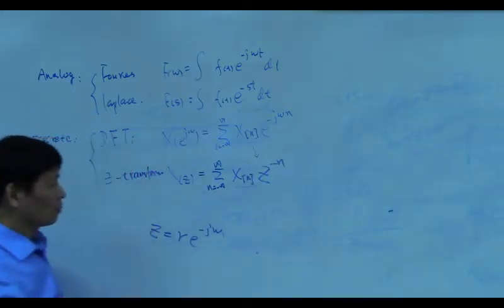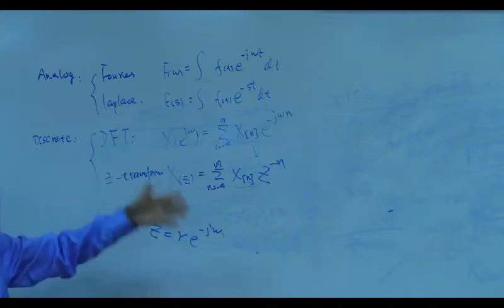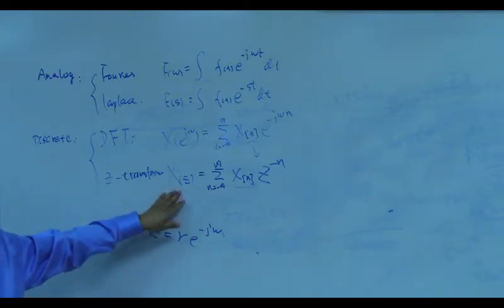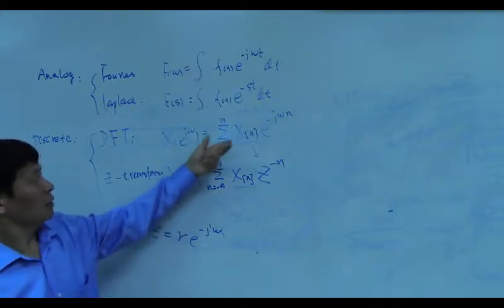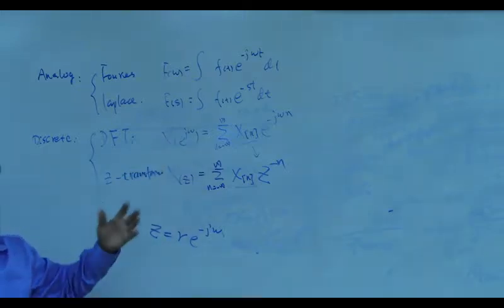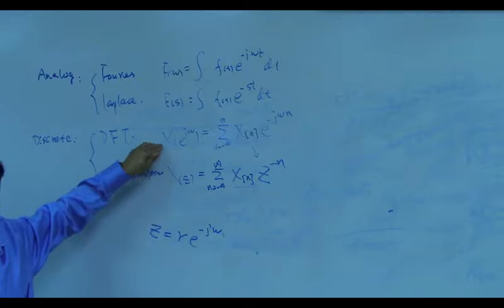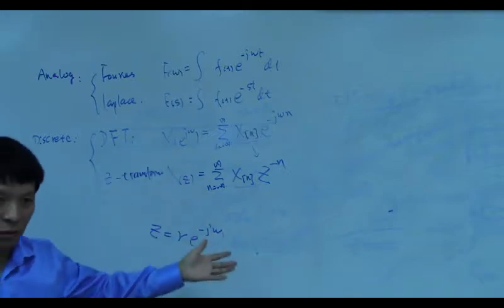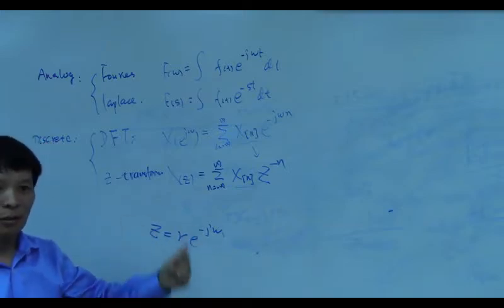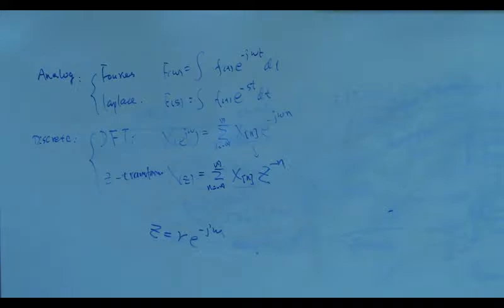That means the discrete Fourier transform is a special case of the Z transform. How is it special? If r equals 1, then the Z transform is the discrete Fourier transform. Or we can say the Z transform is more general. Here r only equals 1, but in the Z transform r can be anything: greater than 1, smaller than 1, or equal to 1. When it is equal to 1, that is the discrete Fourier transform.